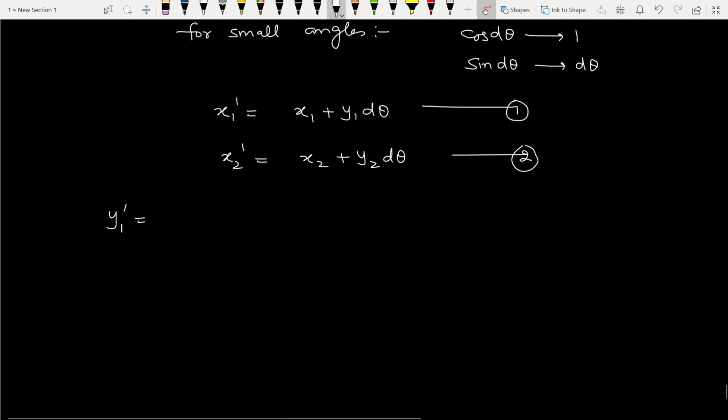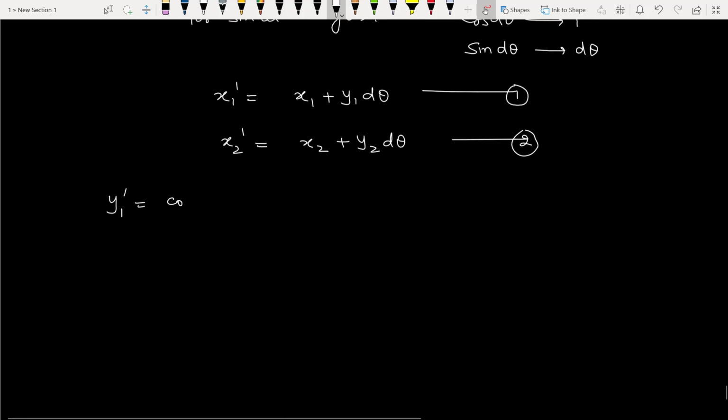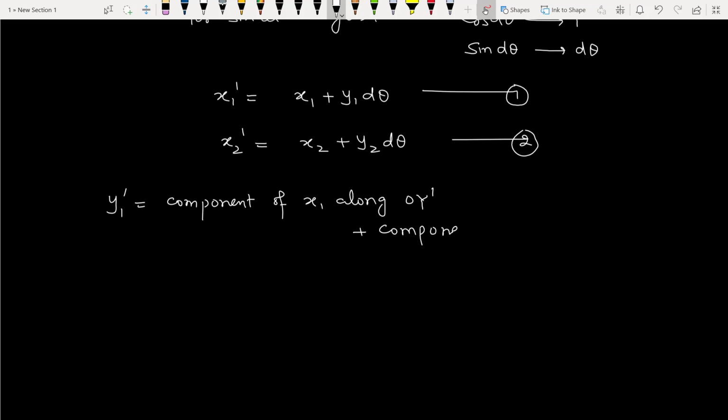So as it is along the OY dash axis, it is the component of x1 along the OY dash axis plus the component of y1 along the OY dash axis. So now what are the angles? x1 cos.